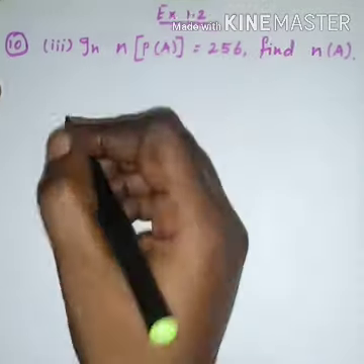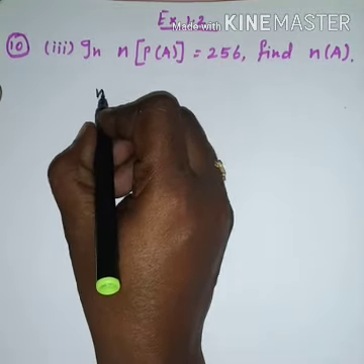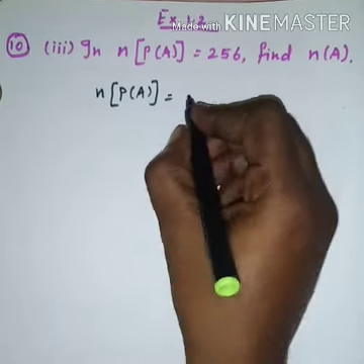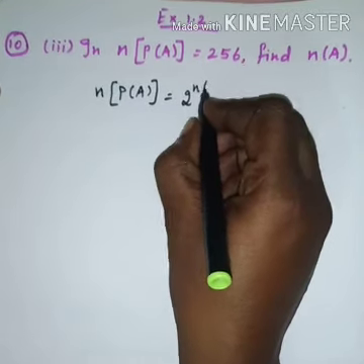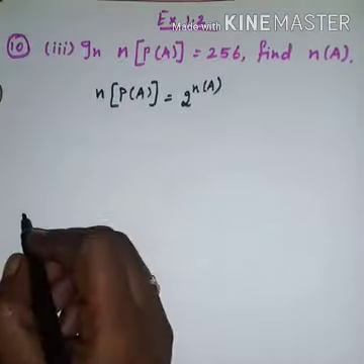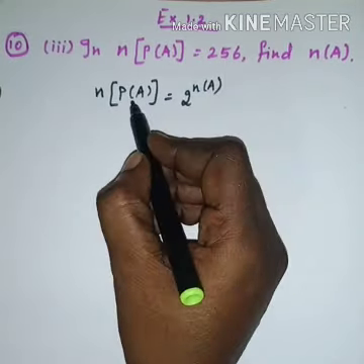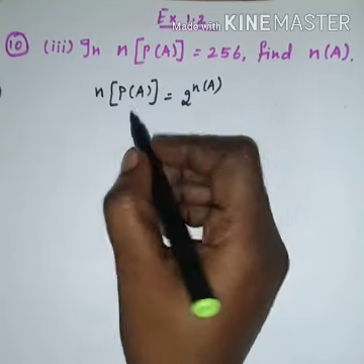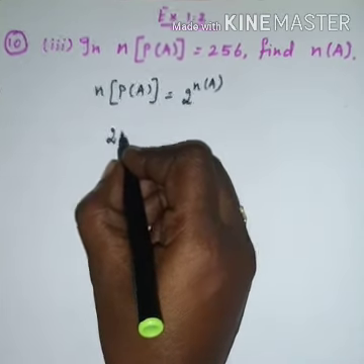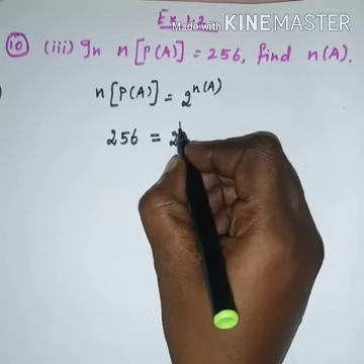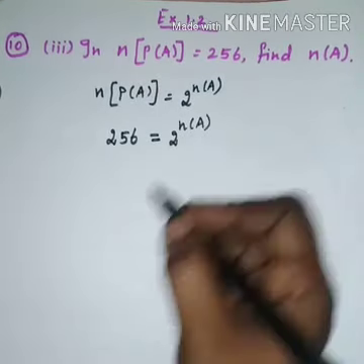So we know the formula. n(P(A)) is equal to 2 power n(A). This is the formula you know already. Given n(P(A)) is equal to what? 256. The value for this is 256. So substitute here. 256 is equal to 2 power n(A).